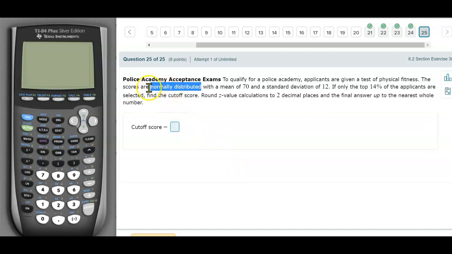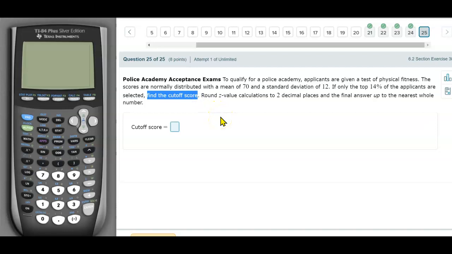There is no standard word, so that's the normal distribution, where the axis is always x. It gives you the mean, so mu equals 70, and the standard deviation of 12, so sigma is 12. It asks: if only the top 14% of the applicants are selected, find the cutoff score.